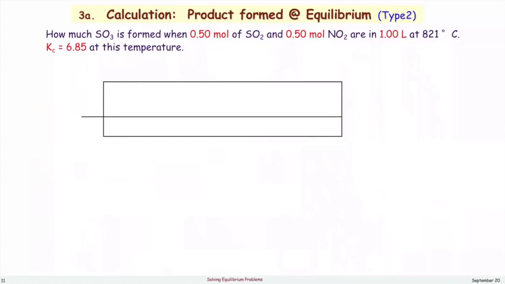Okay, so you know SO3 is a product. How much SO3 is formed when SO2 and NO2 are in 1 liter at 821? So your starting reactants here are SO2 and NO2 to produce SO3.